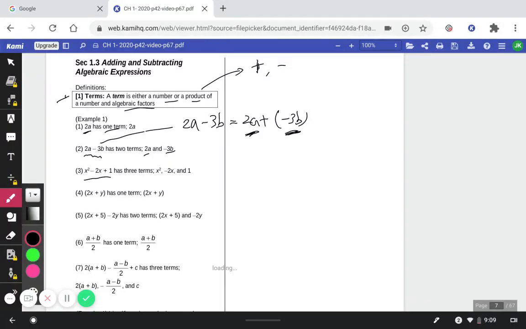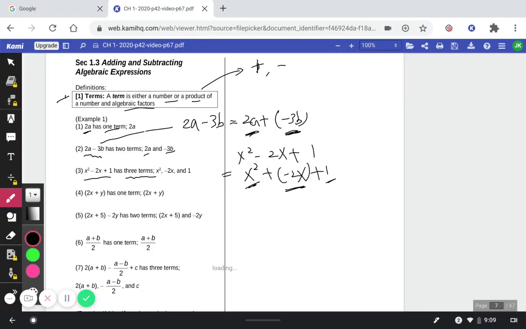Number 3, x squared minus 2x plus 1 has 3 terms. So what are the 3 terms? X squared minus 2x plus 1. You rewrite this as x squared plus negative 2x plus 1. So you have x squared as one term, negative 2x as another term, and 1 as another term.